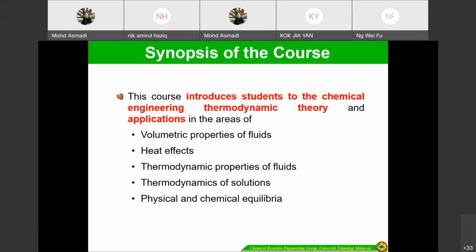This is more detail about thermodynamics, but related to chemical engineering. What you learned in thermodynamics was more general, with content almost similar to the Faculty of Mechanical and the Faculty of Civil. But this one is more about chemical engineering thermodynamics.